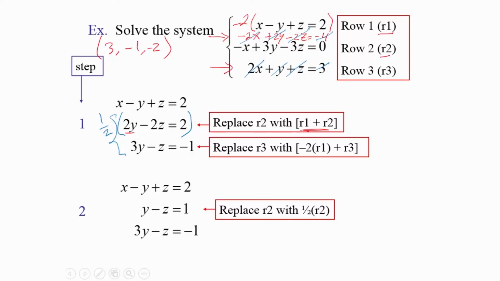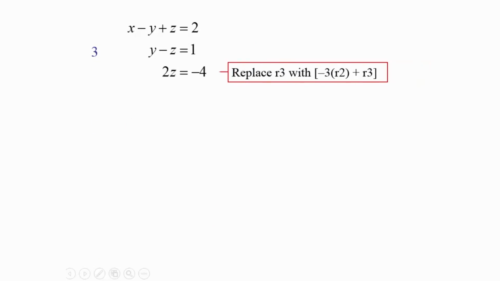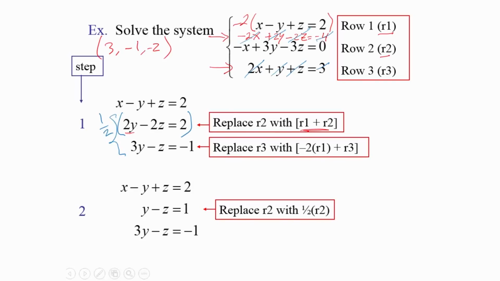Now we replace R3 with minus 3 times R2 plus R3. You're trying to get rid of the y. So if I multiply this one by minus 3, I get minus 3y plus 3z equal minus 3.